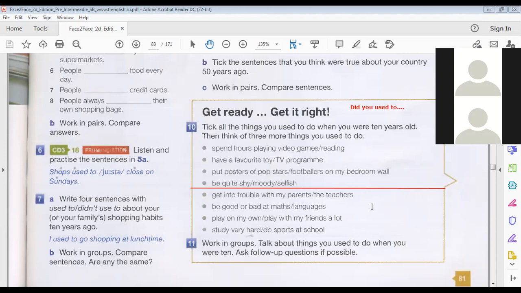You can say, I used to be good at, and you just say what it is. I used to be good at languages, or I used to be bad at languages. You get the idea, Sophia?